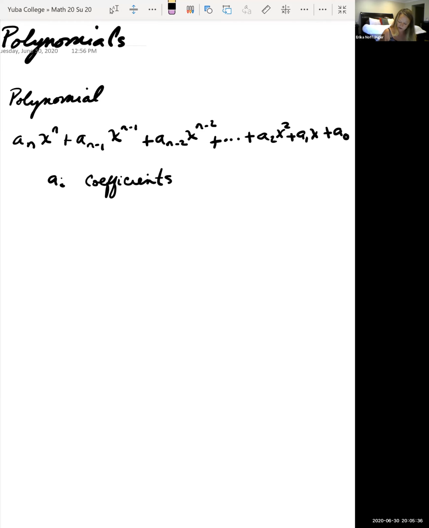And sometimes I've seen this written with i between and including 0 and n.